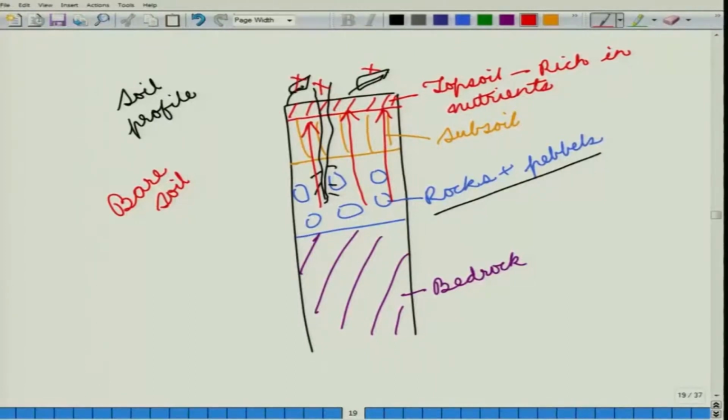So, what will happen is when you have rainfall, then these nutrients will get leached down. So, with the water they go down into the subsoil or maybe to this rocks and pebbles layer back. So, that process of leaching makes the topsoil poor in nutrients.